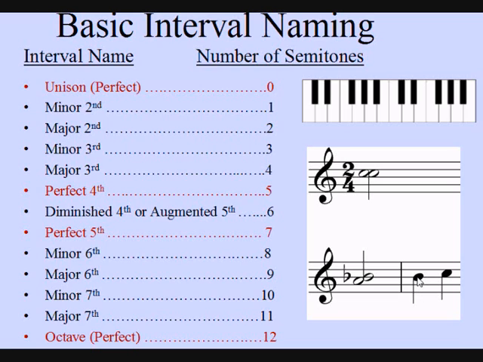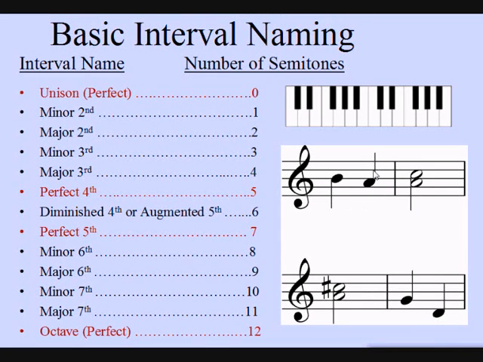This is a B and this is a C. Therefore, from B to C there is 0, 1 semitone. Remember, the keyboard count starts counting from 0, so it is 0, 1 semitone. Therefore, this is also a minor second.